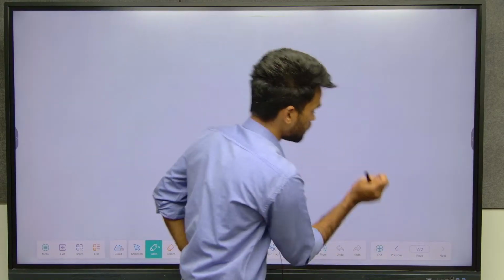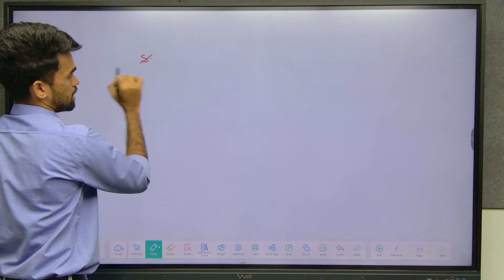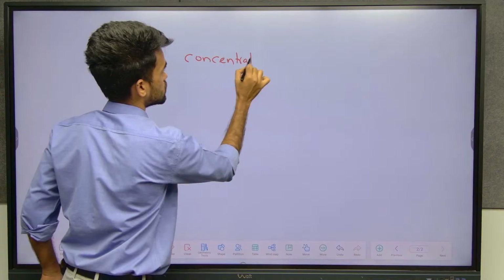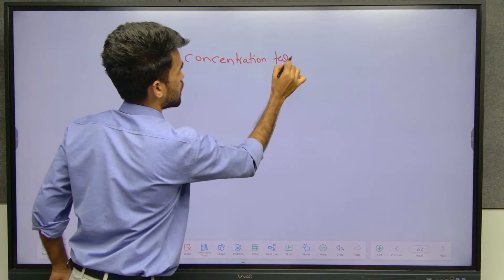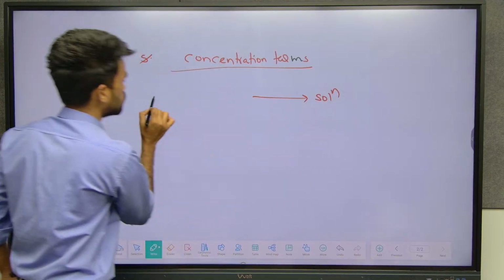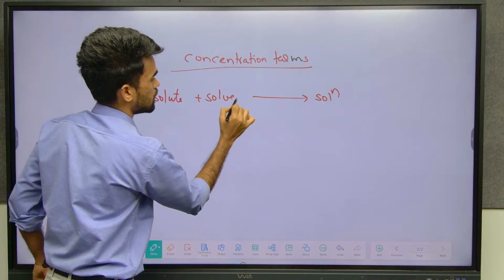What do we mean by concentration terms? Before coming to this, in order to make a solution we have two terms: one is solute and the other is solvent.